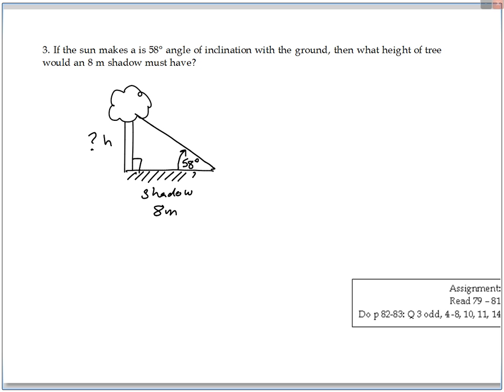See how they told us nothing about the height? So again, it's tangent. What goes next to tangent? The angle. It's solving for a side, so I like to put it over 1. Opposite is h, the adjacent is 8. I'll just jot that in for you guys. H is op, shadow is adj. Now I cross multiply.